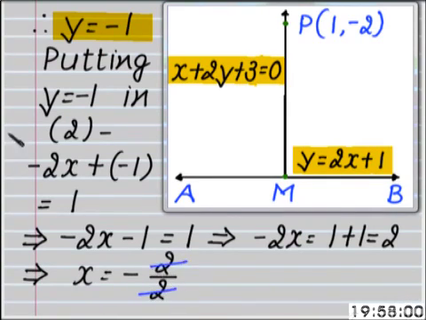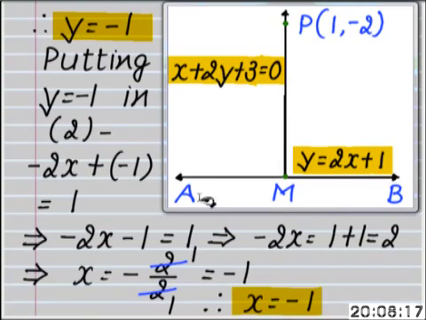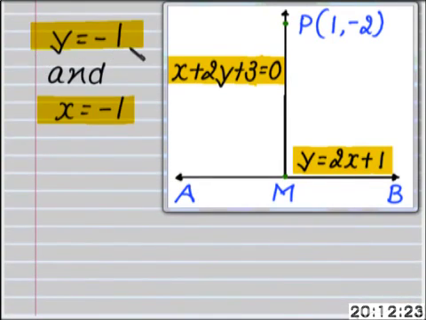On solving, it is equal to minus 1. So therefore, x is equal to minus 1. So we get the values y equal to minus 1 and x equal to minus 1.